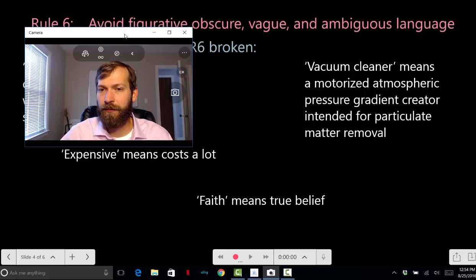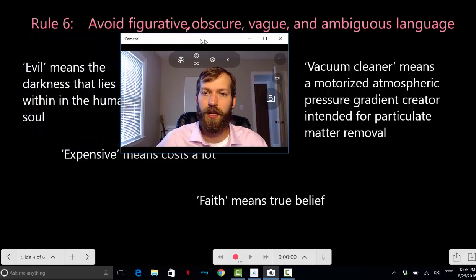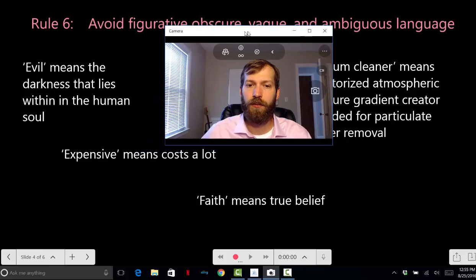So here we have the definition of vacuum cleaner. We say that the word vacuum cleaner means a motorized atmospheric pressure gradient creator intended for particulate matter removal, whatever that means, right? So that's not going to be informative. That's not going to be helpful to somebody who doesn't know what vacuum cleaner means.